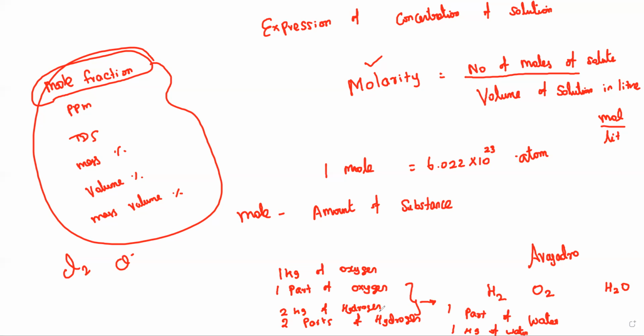If it is wrong, tell me how it is wrong. Because we know that 1 times of oxygen and 2 times of hydrogen give 1 times of water. In the same manner, if I take 1 kg of oxygen and 2 kg of hydrogen, can I get 1 kg of water? No. Why? What is the reason?